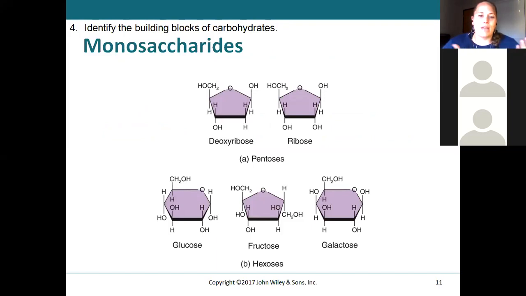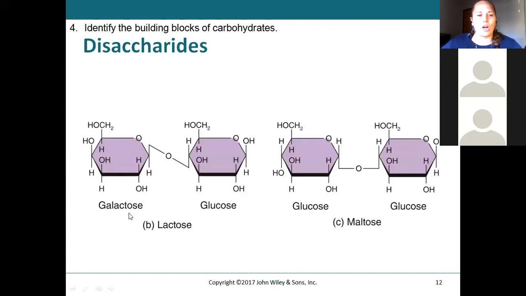Ultimately, I would ask you if it's a monosaccharide, and if you knew that glucose, ribose, or deoxyribose was one, I feel like that is a good level of understanding here. So those are all structures of monosaccharides. The disaccharides you can see here have those 2 ring structures that are linked. This bond that occurs between monosaccharides is called a glycosidic bond. You think of glucose, it sounds a little bit like that. A glycosidic bond is the bond that forms between these 2 monosaccharides to make a disaccharide, such as lactose or maltose.